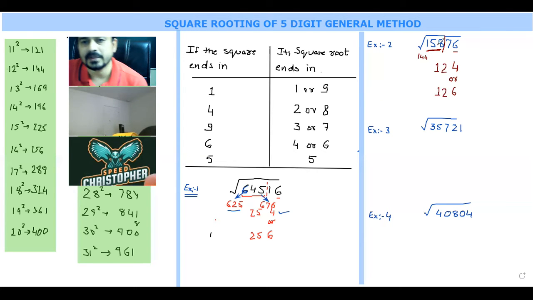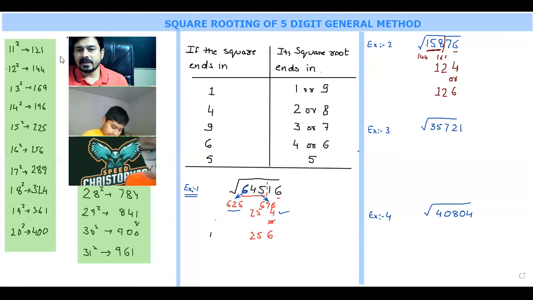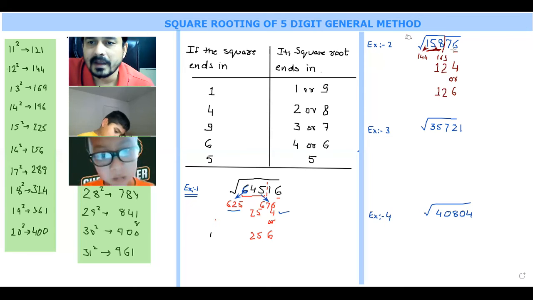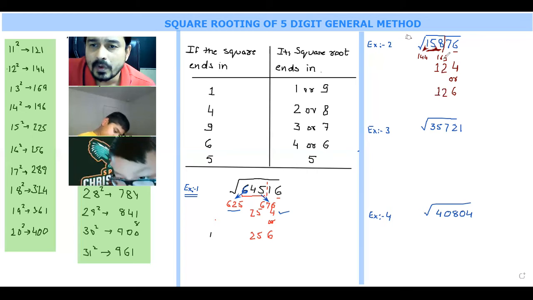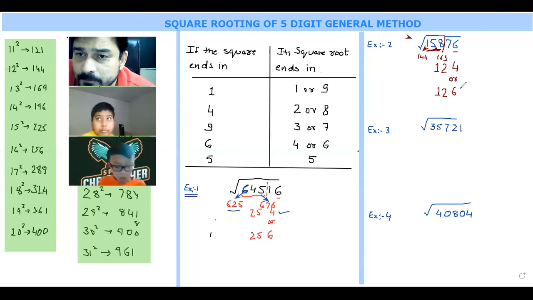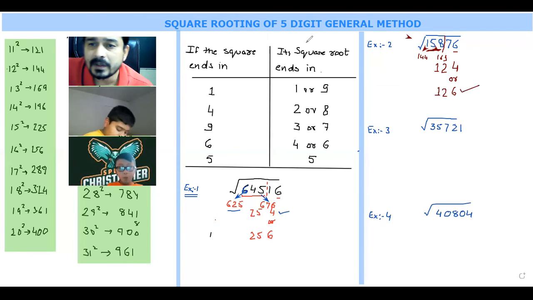Now the perfect square just greater than 144 is 169. Now we will see whether 158 is closer to 144 or 169. We find that it's closer to 169, right? That is the greater number. So the greater of the two is going to be the answer. Got it?